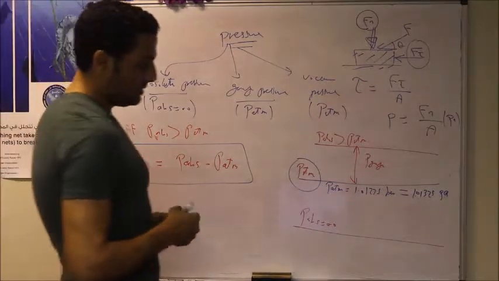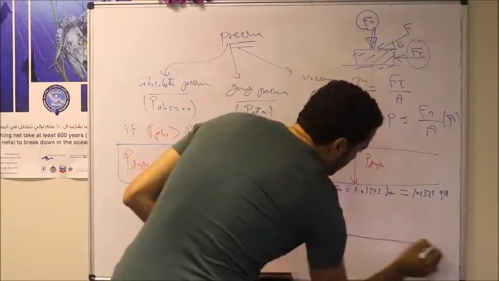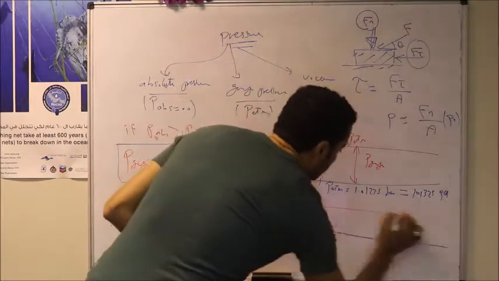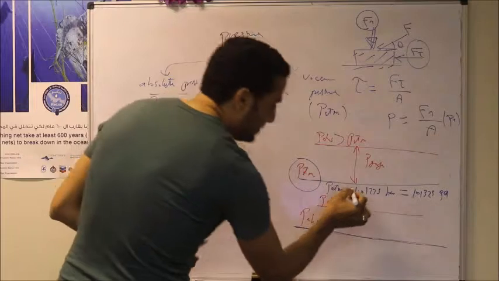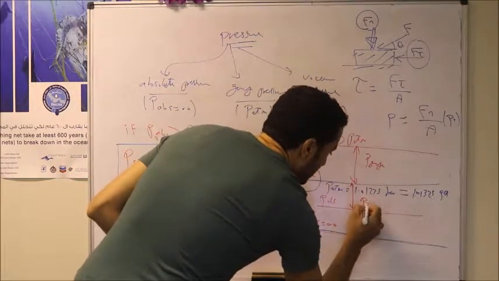If we consider this line as the red line, and the absolute pressure is less than the atmospheric pressure, we call this difference the vacuum pressure.